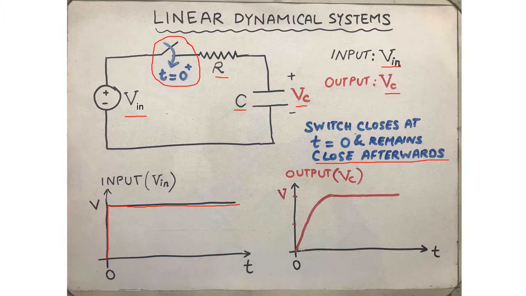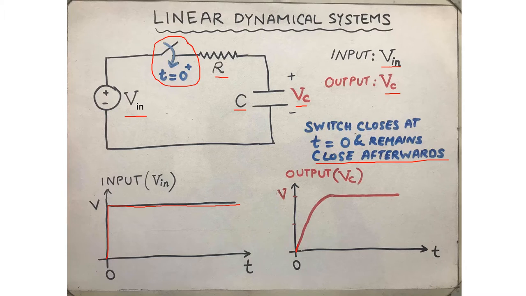Then, from your knowledge of electric circuit transient analysis, you can immediately see that the output voltage, that is the voltage across the capacitor, will not jump instantaneously, and that's because the capacitor resists an instantaneous change in the voltage.